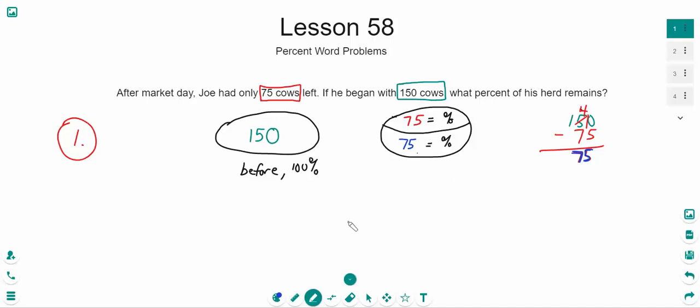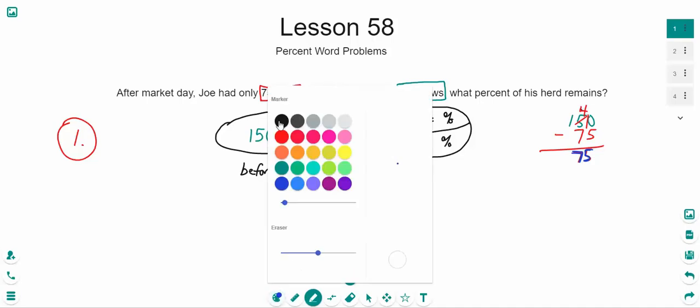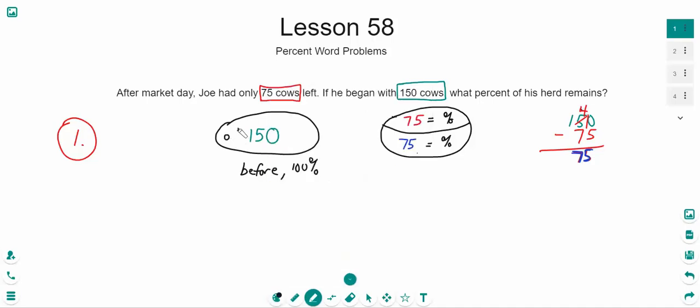So this is where we have to actually use an equation. So this is the before, so we're asking 75 is equal to what percent of the original? Okay, and I know in the textbook, just to clarify this, they'll even write into the original bubble the little "of" right here, just so that when we think in terms of equations, we remember that this is the "of" part of the equation.